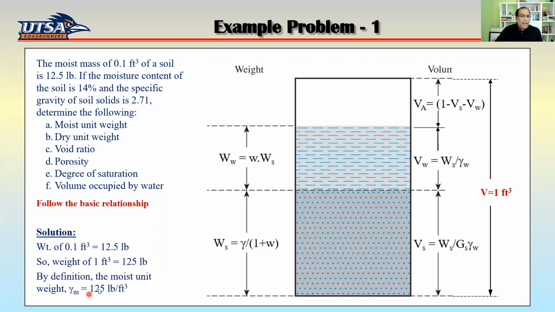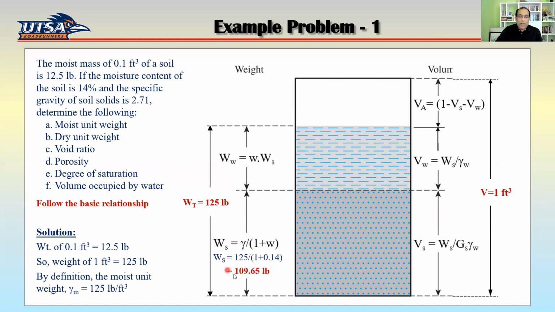Now, the total weight of the soil is 125 pounds, right? Now you can find out your WS first because you know the unit weight: 125 divided by 1 plus W. W is 14%, meaning 0.14. So 125 divided by 1 plus 0.14 is 109.65.